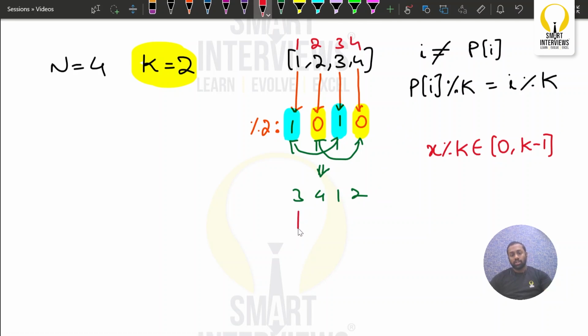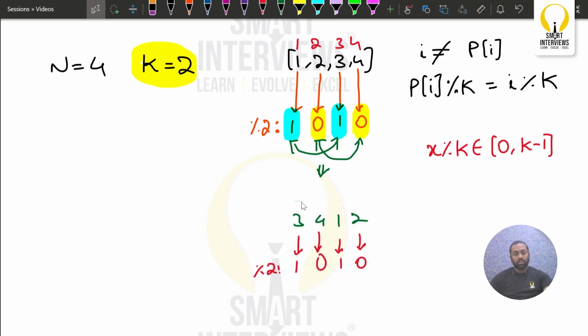Still absolutely yes, because the modulus count is still 1 here, 0 here, 1 here, 0 here. And if you take the indices, 1, 2, 3, 4, and take modulus values for the indices, you'll get exactly the same.